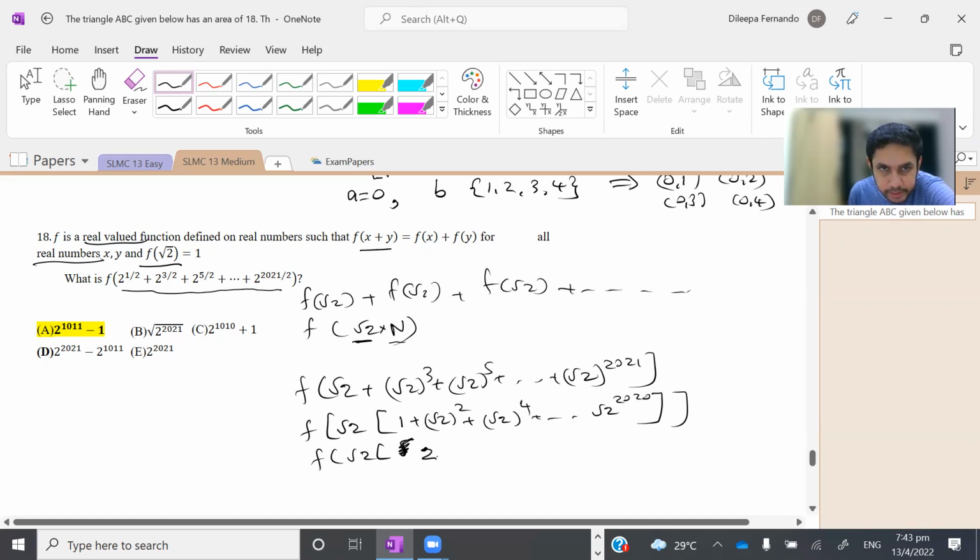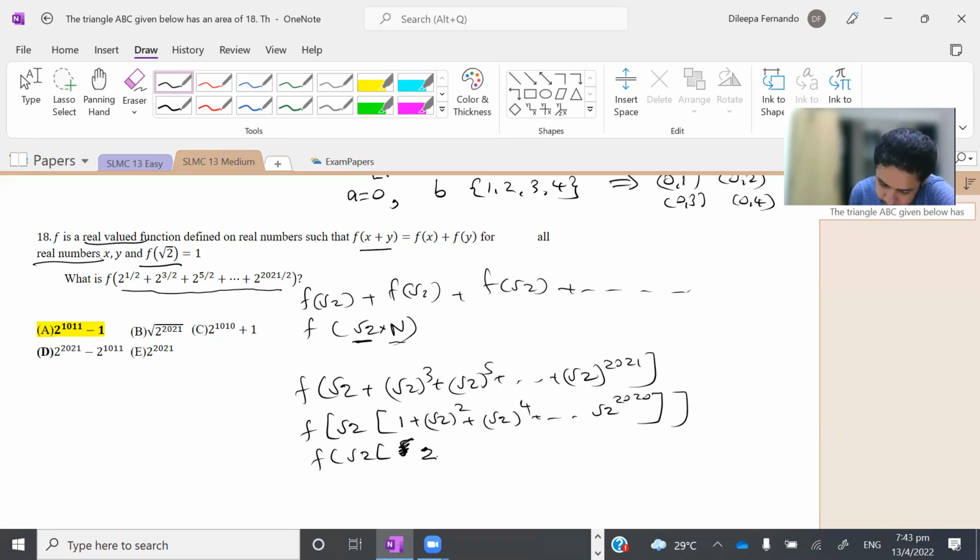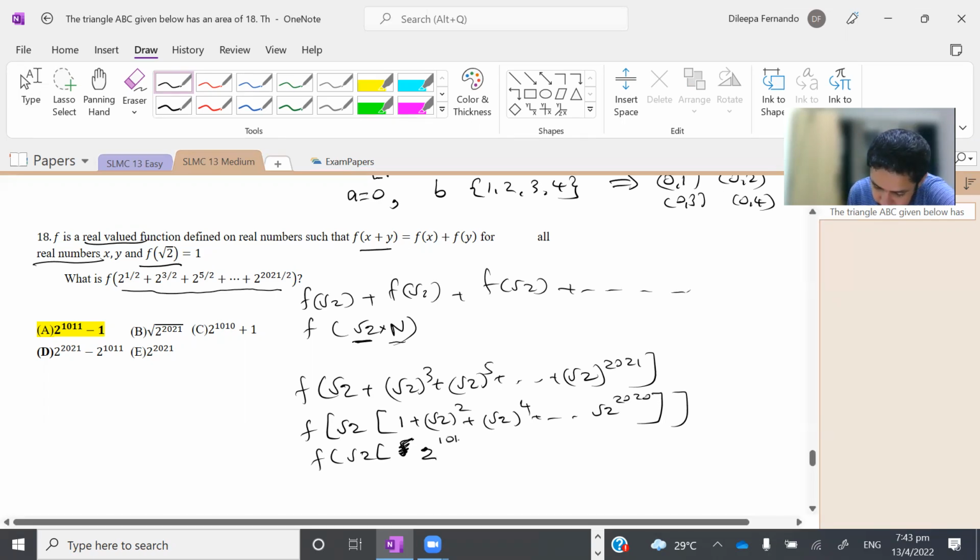It's just the odd numbers, right? Odd numbers between 1 to 21. That means 11, so 2 to the power 11 minus 1 divided by 2 minus 1. This n is found. So this is n. So this is the answer.